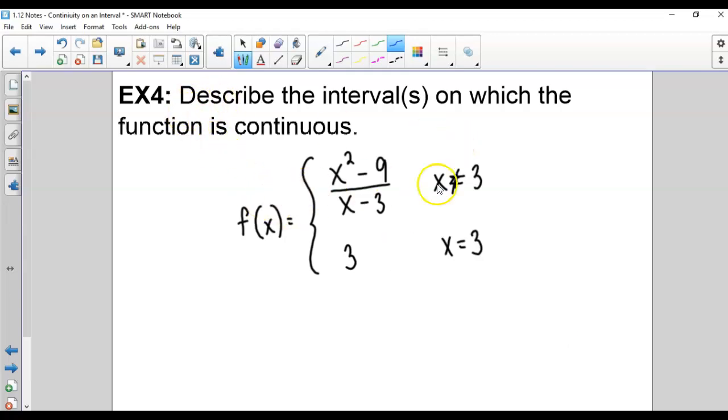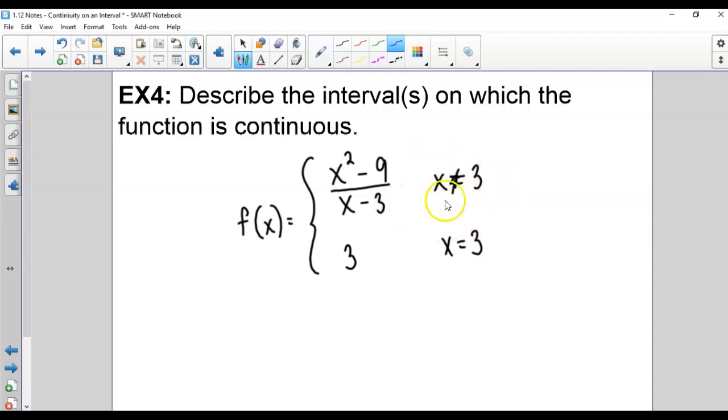In this case, we got this piecewise function, and a lot of times our piecewise functions are for x less than or equal to 3 and x greater than 3. But here, x squared minus 9 over x minus 3 is defined for everywhere except x equals 3.